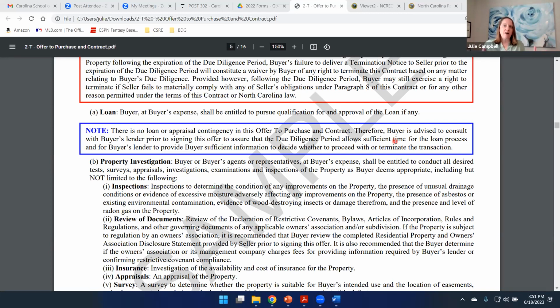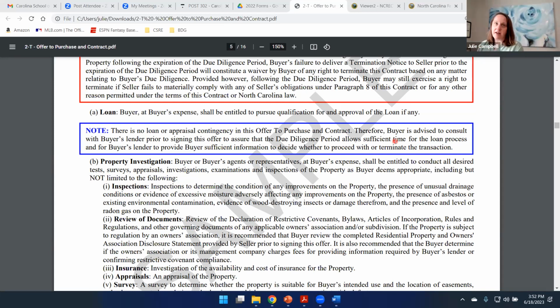And while we don't have final approval while in due diligence, usually what we can get from the lender is a pretty good idea. So we get out the first round of underwriting. We've had that appraisal done. We know what else the lender needs, what other documents they need from the borrower.